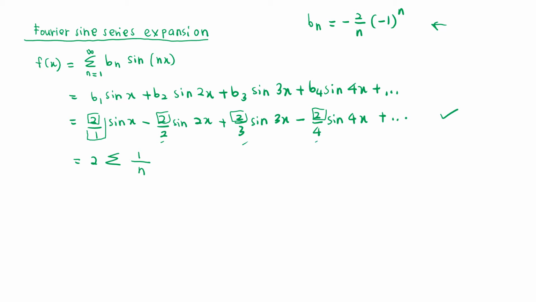So you settle that one. The next one is sine, which increases with a difference of 1: 1, 2, 3, 4. So we can write it as sine nx.